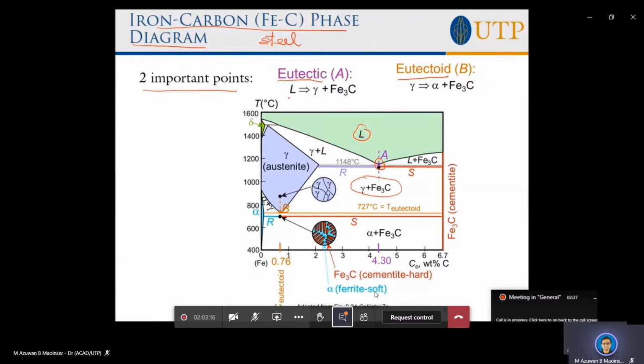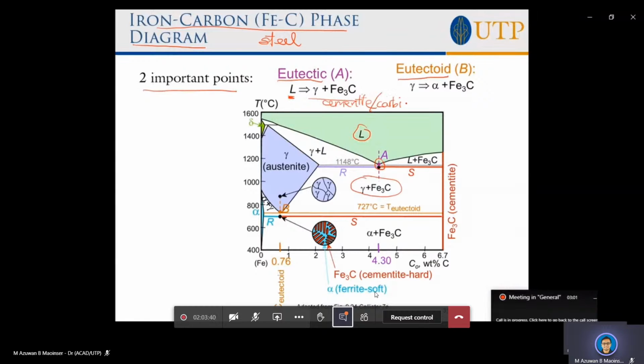And we have conversion of 100% liquid into two solids, right? So liquid changing into two different solids. Over here we have gamma and cementite. Fe3C is called cementite. This is particular to iron carbon. Cementite, or sometimes we call it carbide.